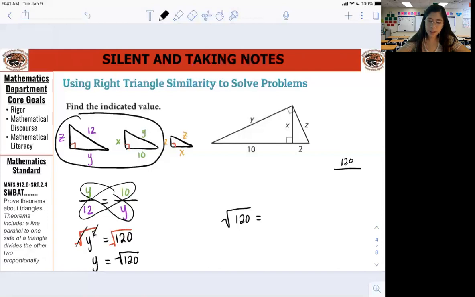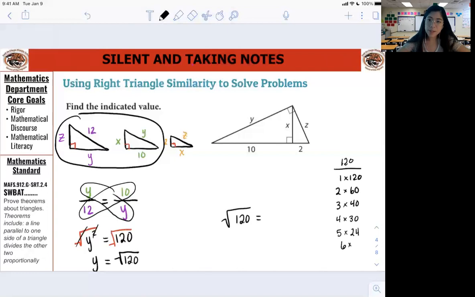So if you have 120, you know that's 1 times 120, 2 times 60, keep going. 3 times 40, 4 times 30. What about 5? 5 times anything? 24.